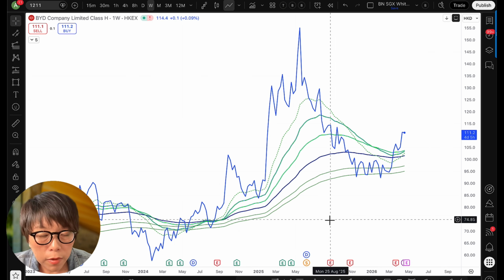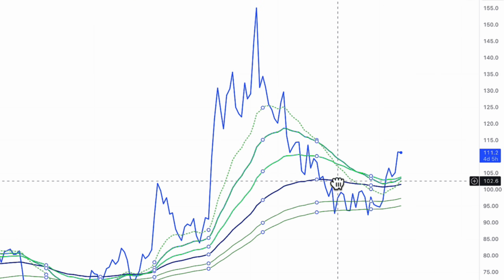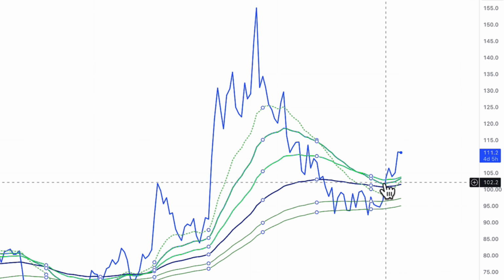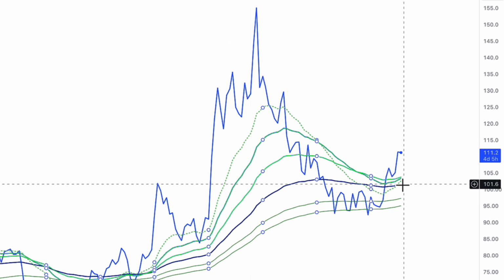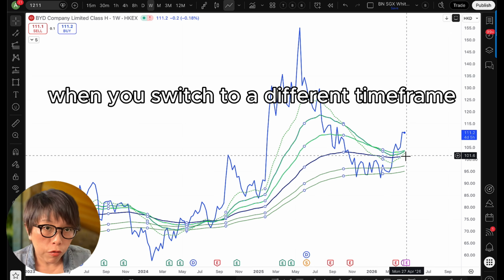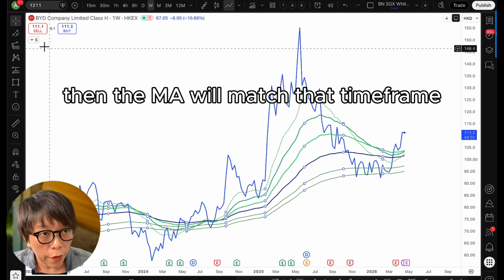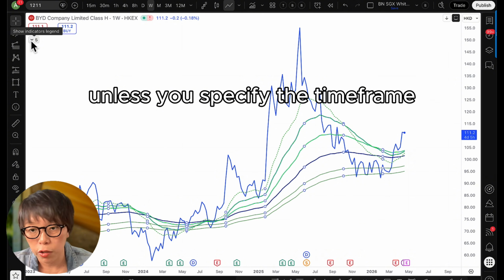So for the same setting, let's say here I have a moving average showing 101, for example, then this could be a 50 or 55 week moving average. So when you switch from day to week, the moving average period will change unless you specify.